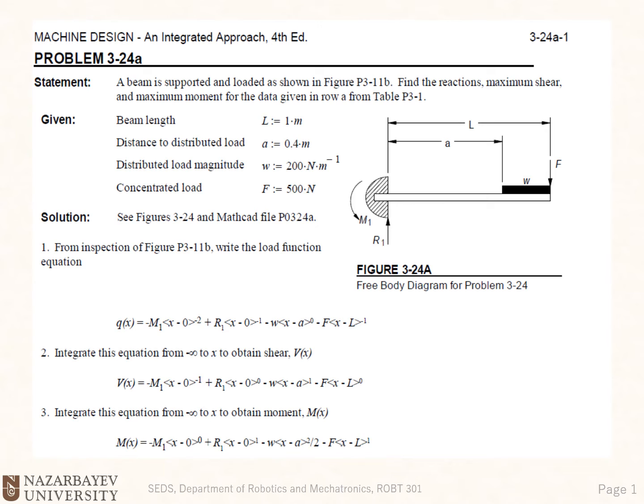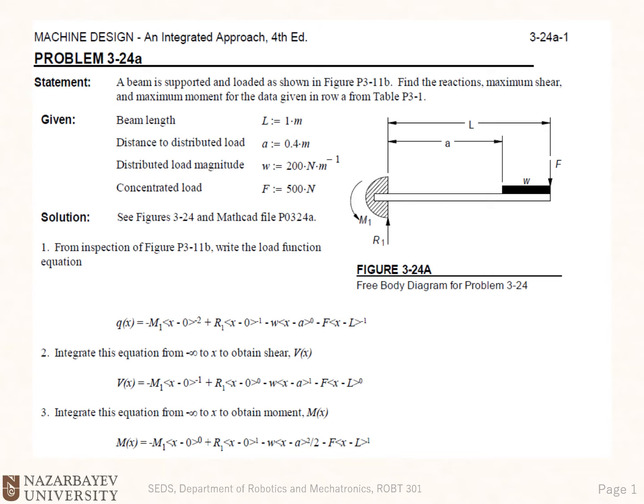Minus 1, again, because based on the policy we had for the singularity function, for the concentrated load or force, the power is minus 1.